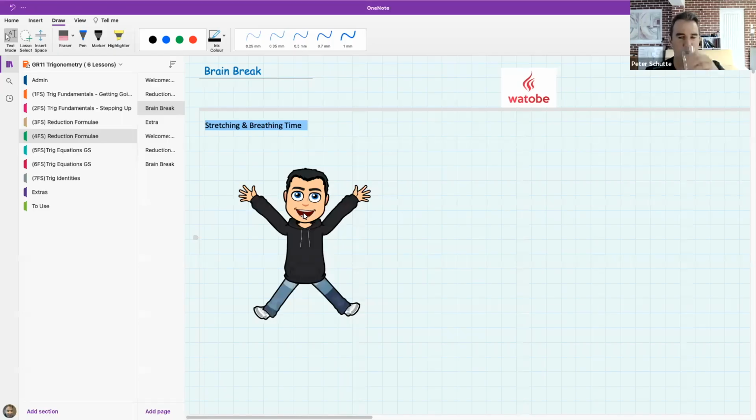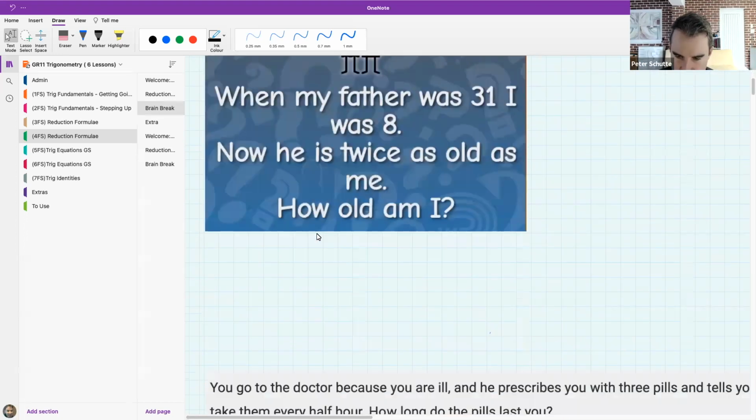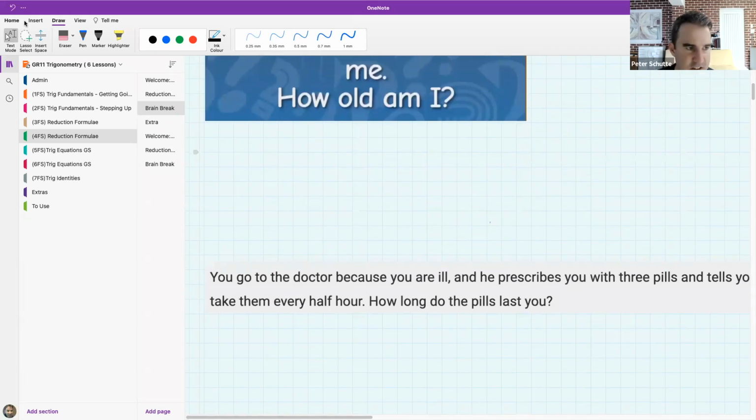And let's go. 1, 2, 3, 4, 5, 6, 7, 8, 9, 10. 5 more. 1, 2, 3, 4, 5. And sit back down. And have a drink of water if you have some nearby. And hopefully your body is energized.